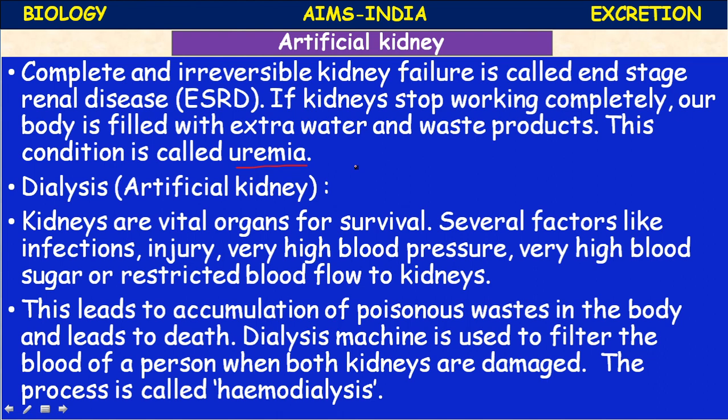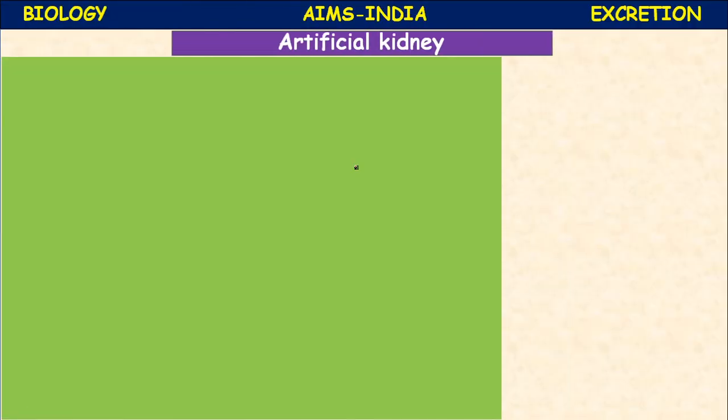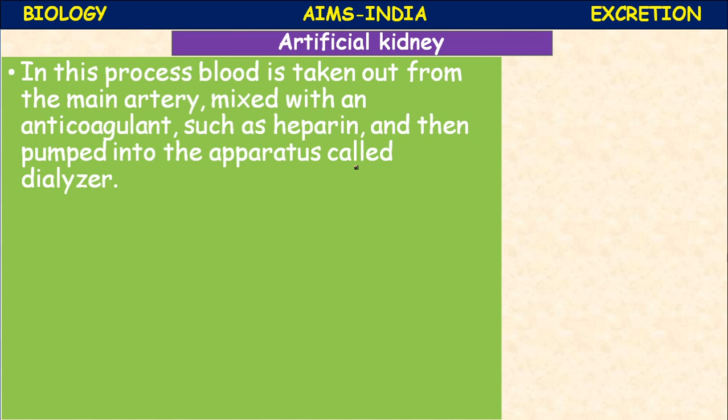Okay, in this process blood is taken out from the main artery, mixed with an anticoagulant. So what is hemodialysis and how is the process done? What is an anticoagulant? It prevents the clotting of blood. As soon as the blood is exposed outside, immediately what happens?